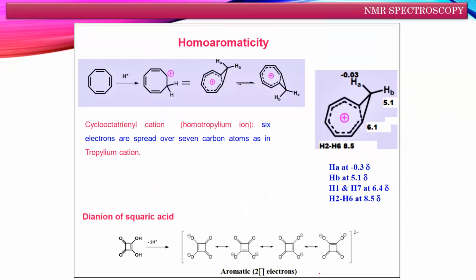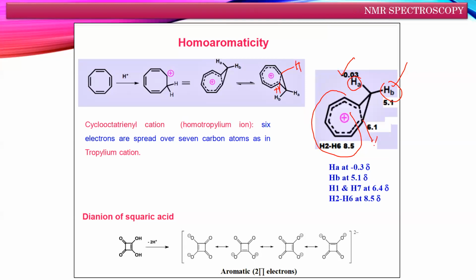And next, homoaromaticity, same. In this case, the molecule arranges itself and gives 4 types of protons, one at this stage, another at this stage. Firstly, HA lies inside the electron density, so it's negative. HB lies outside the electron density, so it's positive.